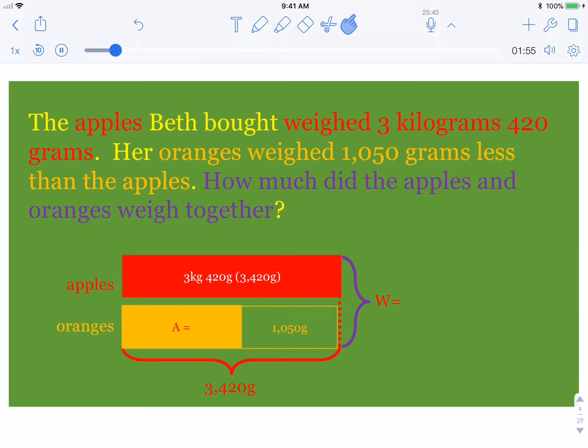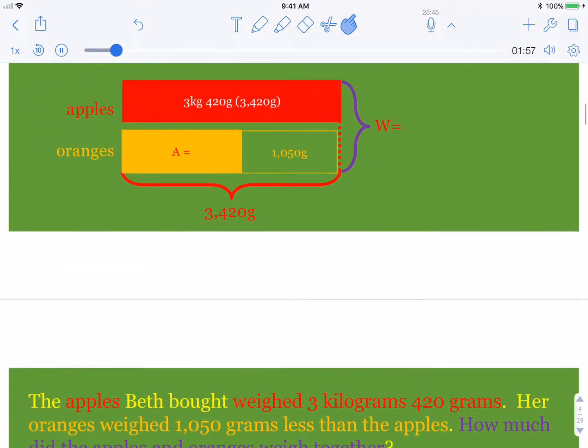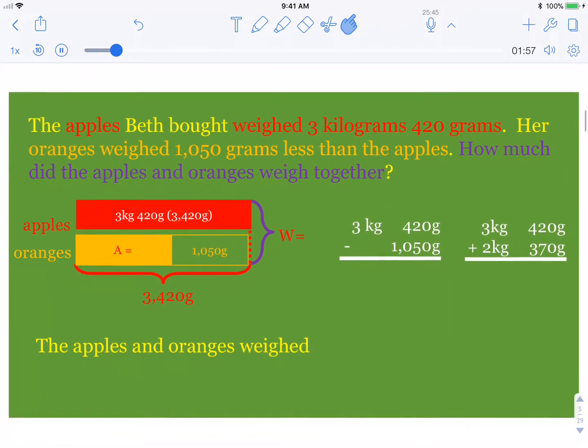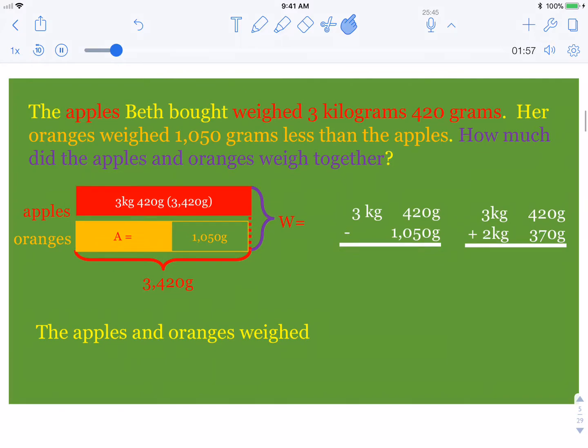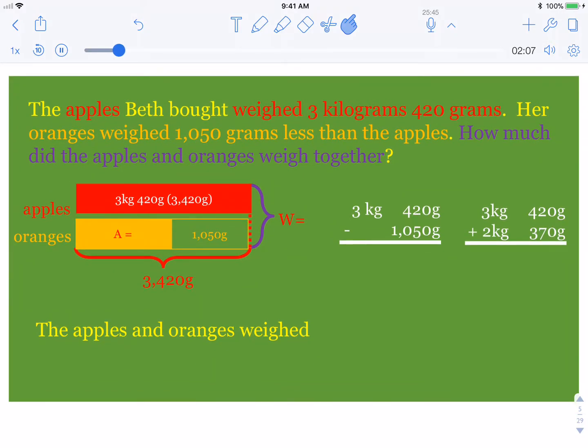Okay, so the first one that we're going to look at together, we know that the apples weighed 3 kilograms, 420 grams, minus, because the oranges weighed 1,050 grams less. The key word there is less, meaning you're going to subtract less than the apples.